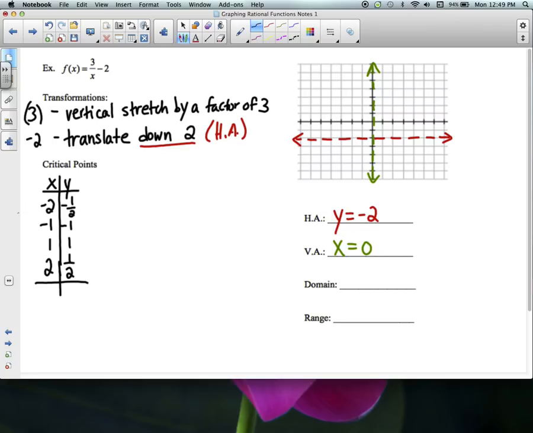Vertical stretch means you're going to multiply the y column by 3 first. And then down 2 means you're going to subtract 2 from your y column also. So you want to kind of do that in 2 separate steps.